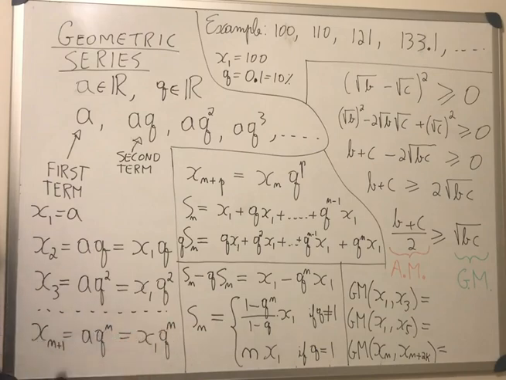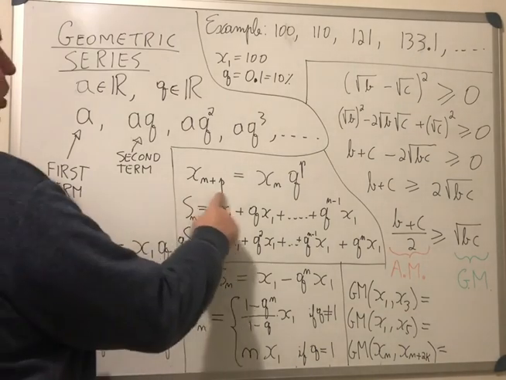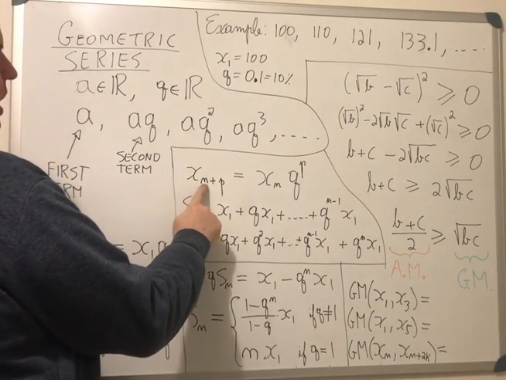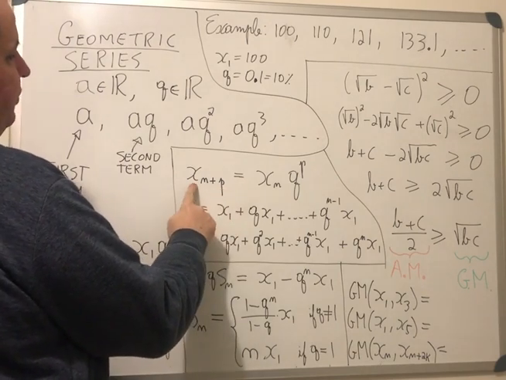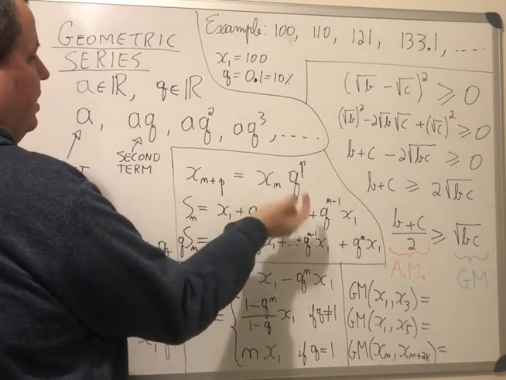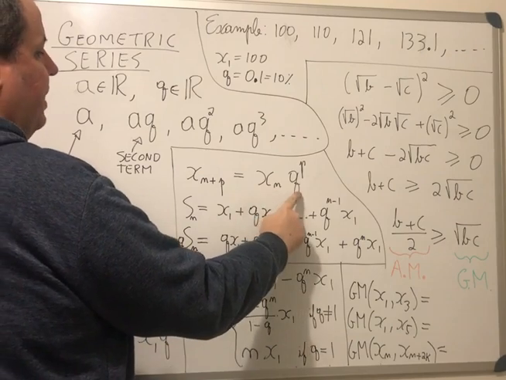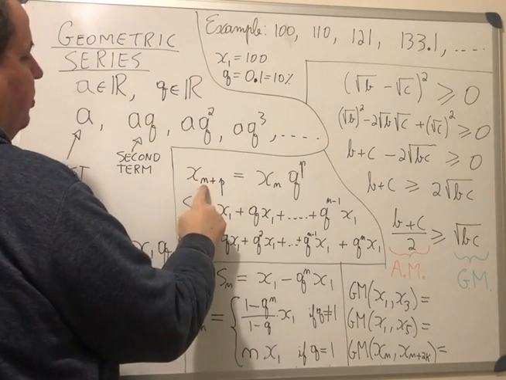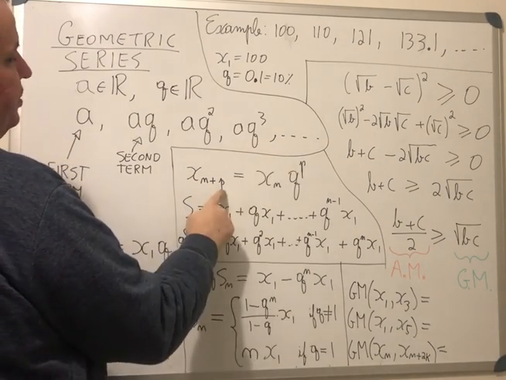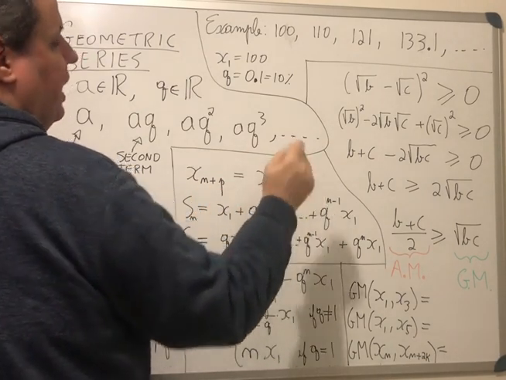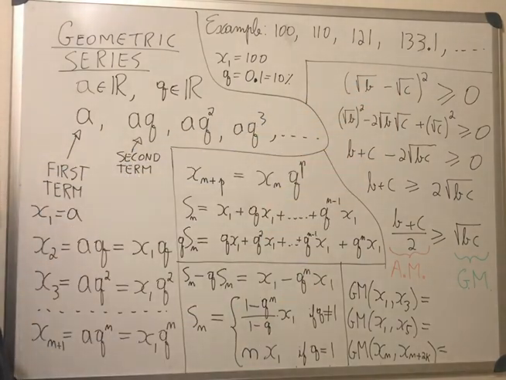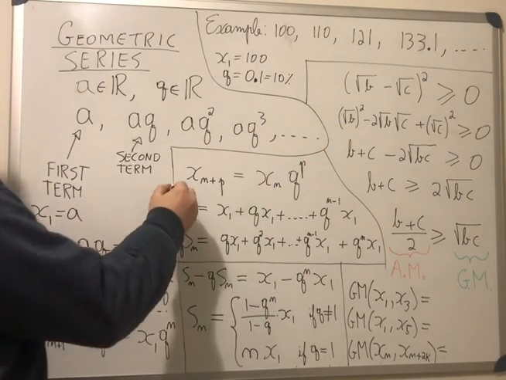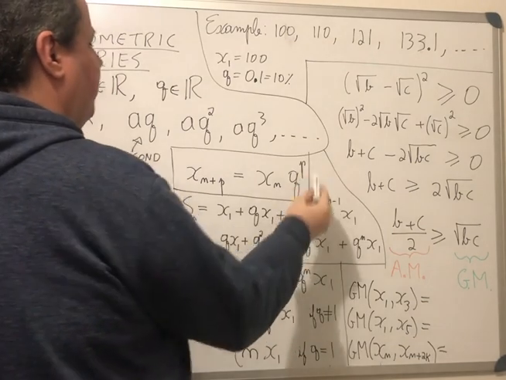So in general, we have this formula: the term n+p of the geometric sequence is the nth term multiplied by q, p times. You have to move up in the sequence p positions, so you multiply by q p times to get there. This is an important formula.